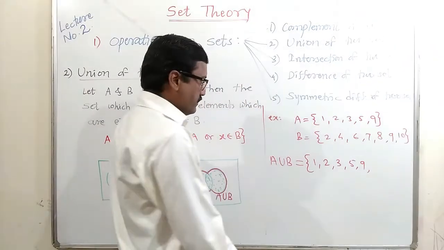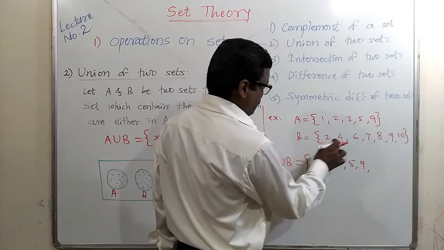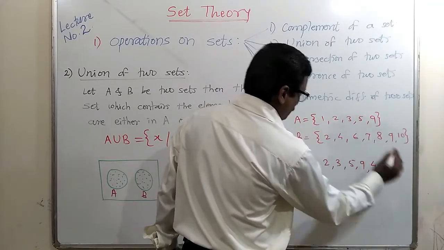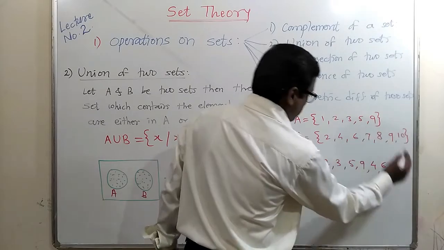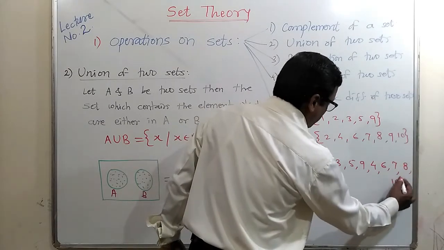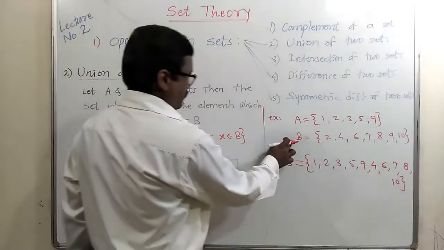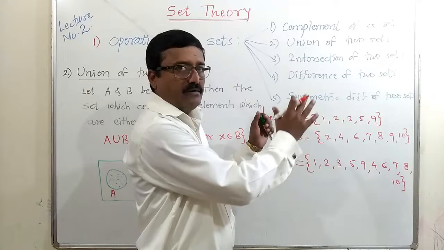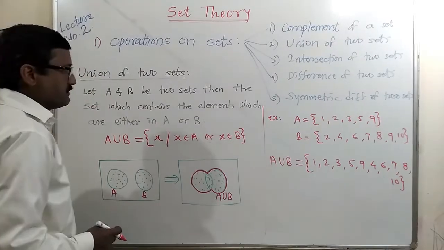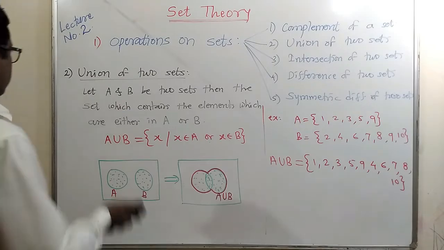Then the elements of B which are not elements of A. 2 is repeated here, 4 is not in A, so write 4. Then 6 is not there, so 6, 7, 8, but 9 is here, so no need to write 9 again. The last element will be 10. So this is the union of these two sets. Okay, so union means collect all the elements, but don't write any element 2 times. That is the union of two sets. Let us see the properties of this union of two sets.